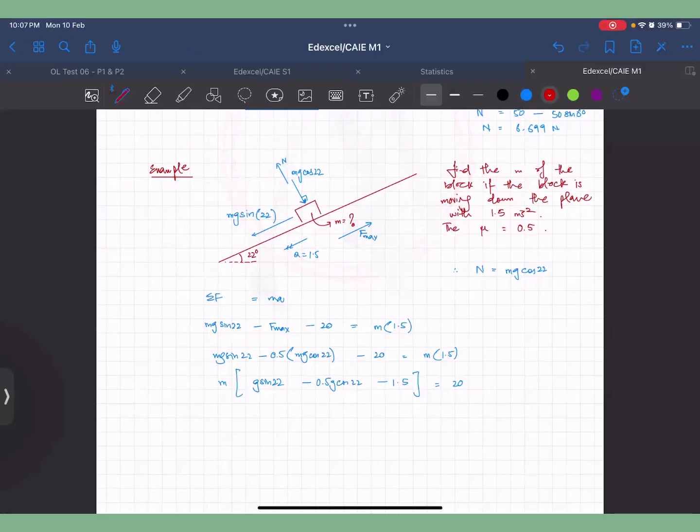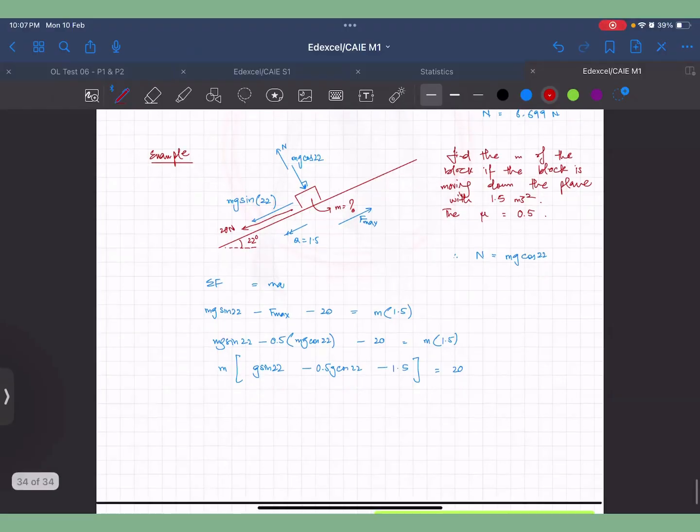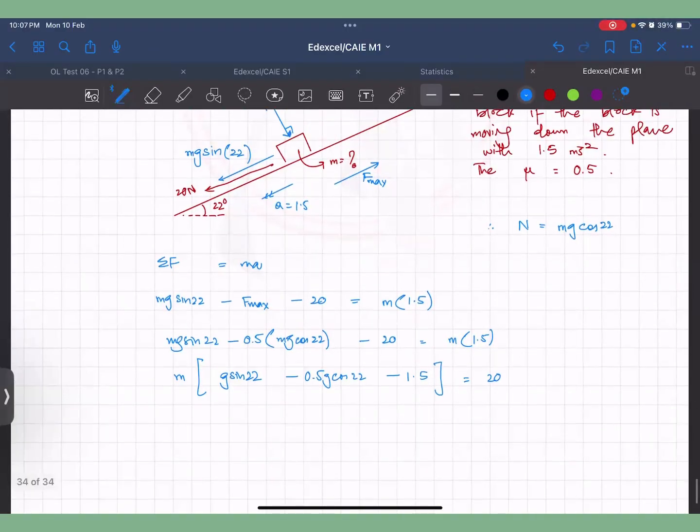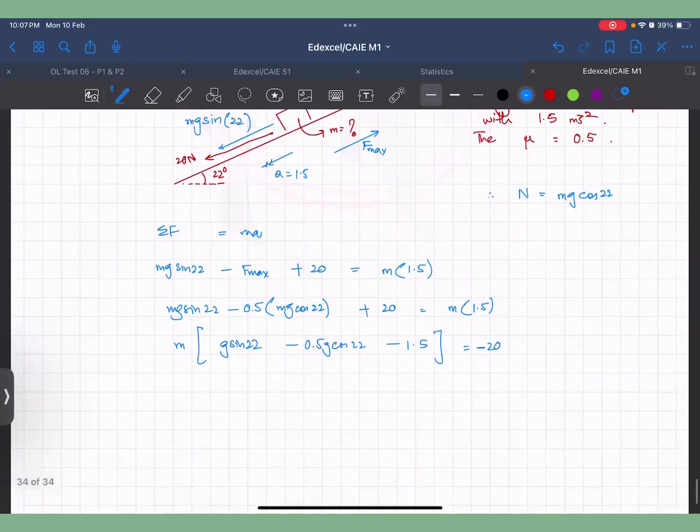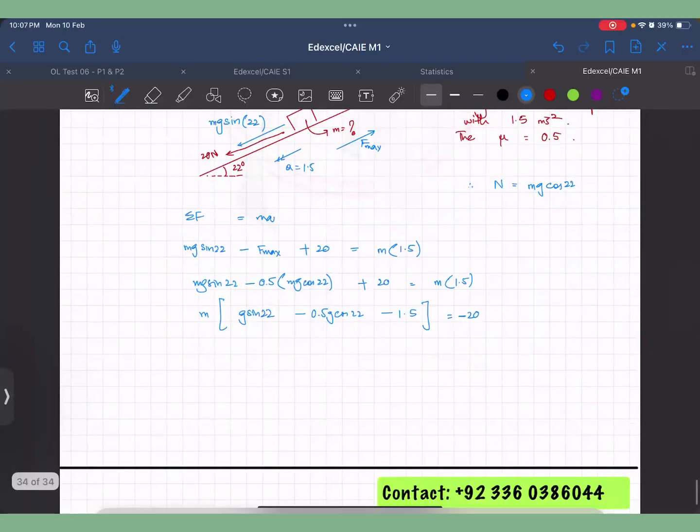The force which is pulling it is also down. Sorry. 20 Newton. So this would become positive. Now you will get the right answer. This is also pulling it down, and this becomes negative. Everything else is the same. I have just changed the direction of the 20 Newton force.